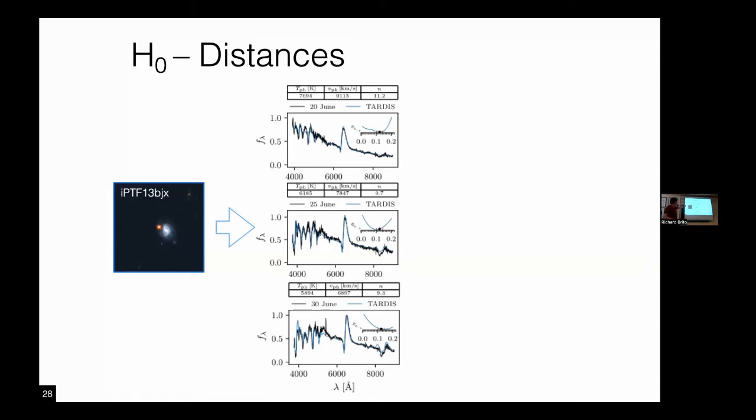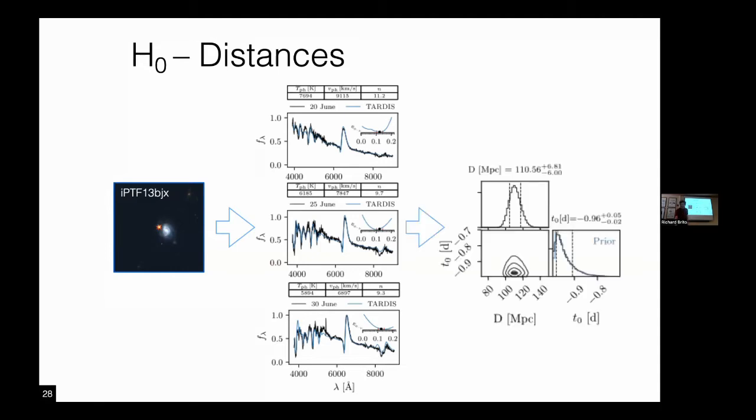Yeah, so here's an example. You start from the supernova, you model different epochs, different spectral epochs. Also the foreground reddening has to be determined within the fit process. And then you end up with probability contours on your parameters.